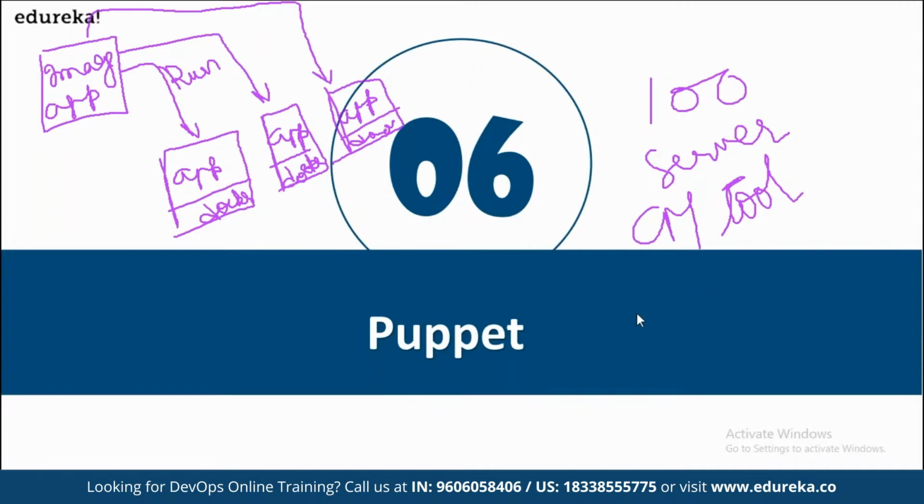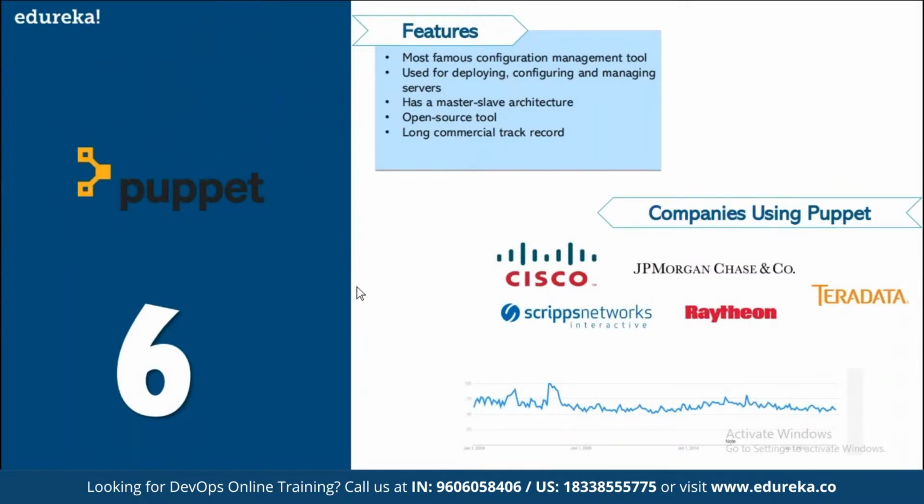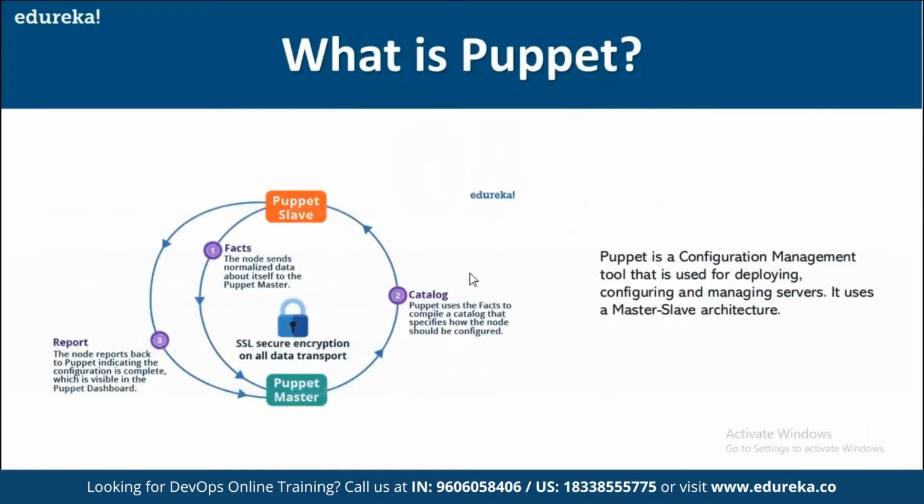Puppet is the oldest tool and the most commonly used configuration management tool, and it is open source. It works on master slave architecture. Here the agents pull the configurations from the master machine and apply them. Let me show you. We write code here on the master machine, describing what changes you want on your slave machine, and the slaves pull that code and apply the changes.